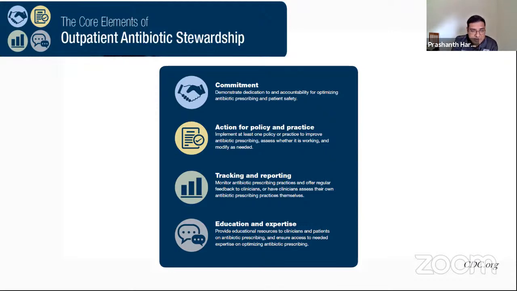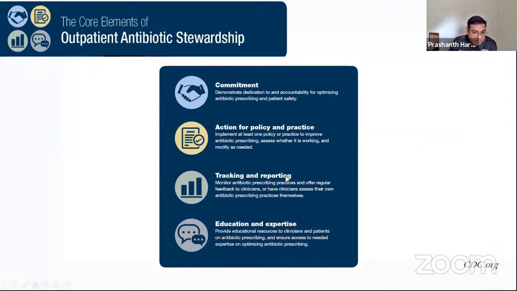The first parameter proposed by the CDC is commitment, to demonstrate dedication and accountability in optimizing antibiotic prescribing, from the physician side or the oral physician side or dentist side, for patient safety. The second is action for policy and practice. What is the policy in place, and how can that protocol be improved?